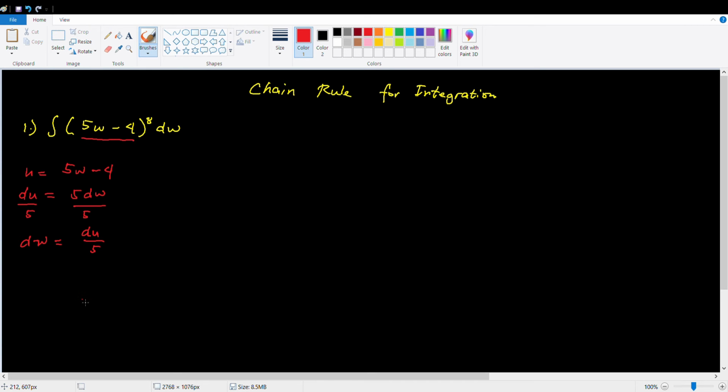Okay, so since we have assumed that our inner function is equal to u, our function now becomes u raised to 8 dw. So again, what is our dw? du over 5. So we just copy it.